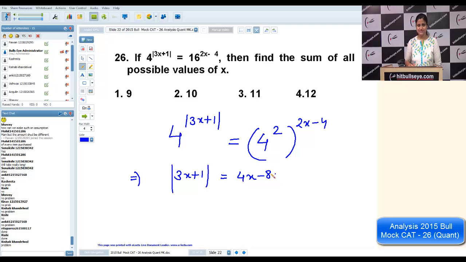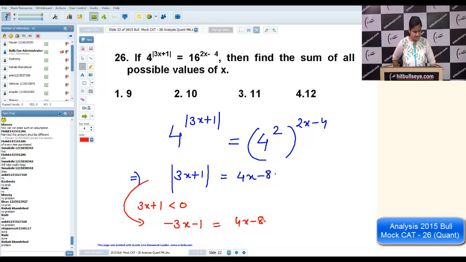Now we have modulus here. There can be a case where 3x plus 1 is less than 0. If we consider 3x plus 1 less than 0, my equation will become minus 3x minus 1 is equal to 4x minus 8. You got that, Rishabh?